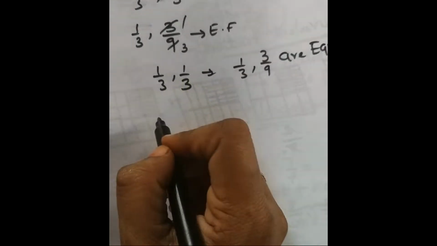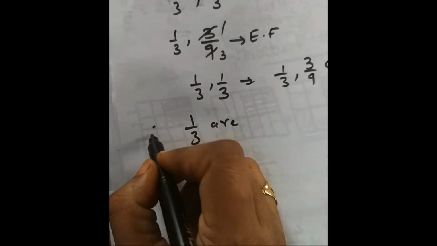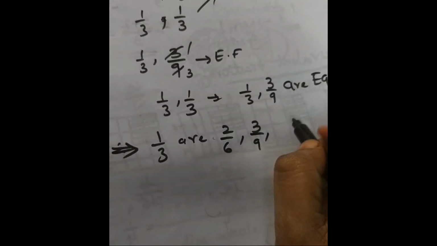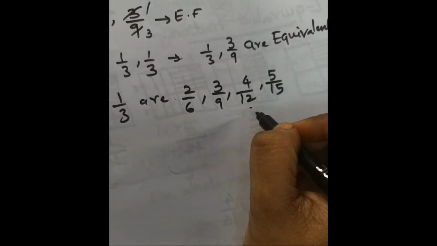Like this, equivalent fractions of 1 by 3 are 2 by 6, 3 by 9, and so many fractions we can write. 4 ones are 4, 4 threes are 12, 5 ones are 5, 5 threes are 15, and so on. We get so many equivalent fractions. These are some examples.